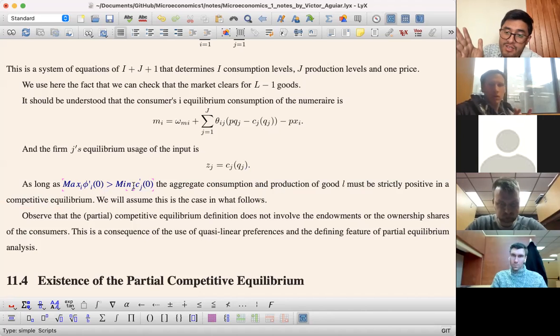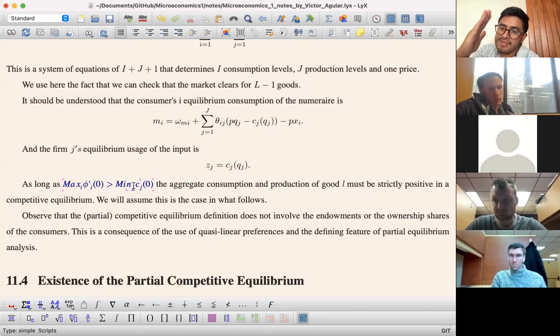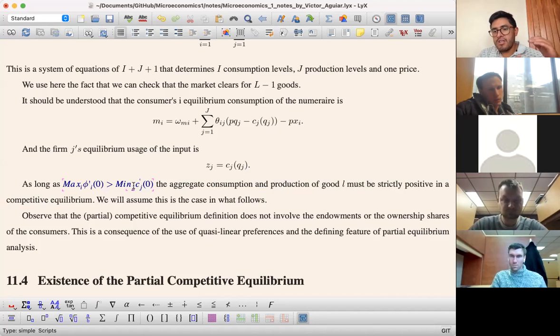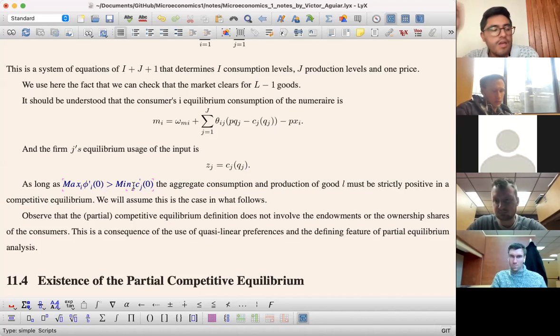Because you have many demand and many supply curves, you are taking the max over demand curves. So it means that there exists one consumer whose demand is above one supply curve, so essentially they will cross for those two. And that turns out to be the necessary condition for the existence of an equilibrium here.